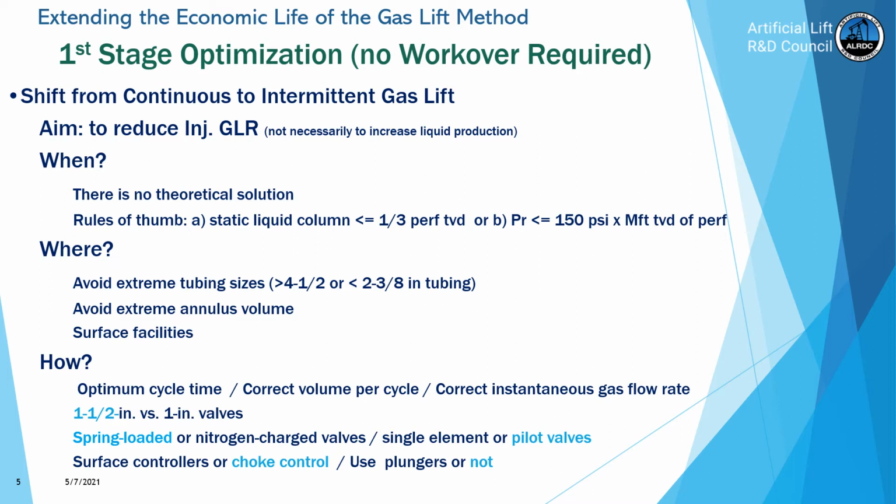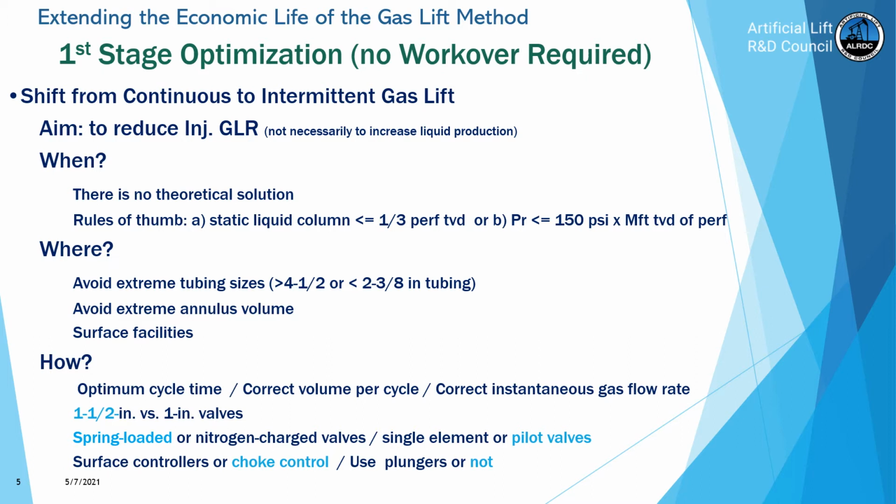Where should we apply intermittent lift? Well, we need to avoid extreme cases. For example, if the tubing diameter is too big, then we might have problems, because what I have found in many places is it's not so much that we need more gas per cycle, because at the same time we will produce more liquid per cycle, since the liquid volumetric capacity is large.